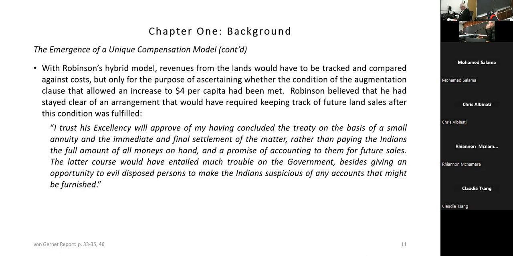Keep that in mind. So revenues from the lands would have to be tracked and compared against costs, but only for the purpose of ascertaining whether the condition of the augmentation clause that allowed an increase to $4 per capita had been met.